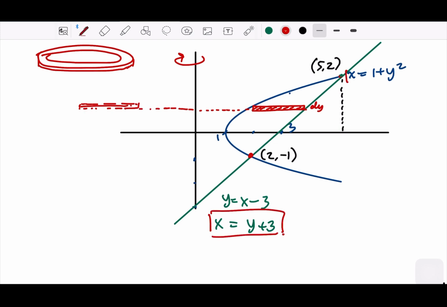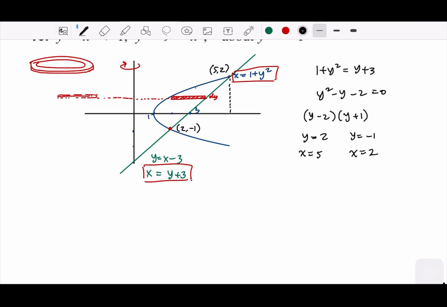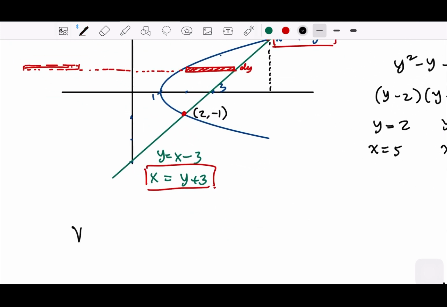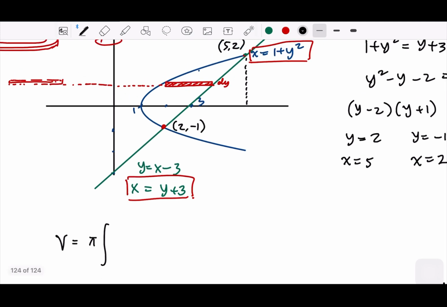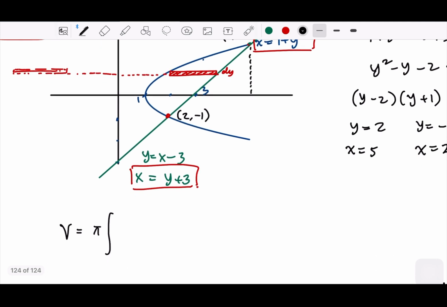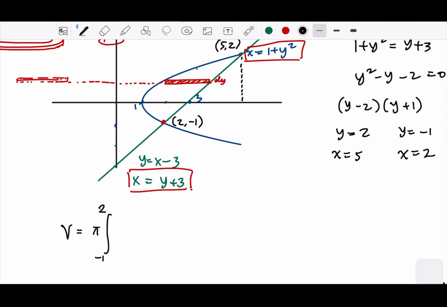So we have this and this. Let me write here. Volume is pi, I will write pi outside the integration, dy from -1 to 2. The outer radius is y plus 3, squared, minus 1 plus y squared, squared, and then dy.